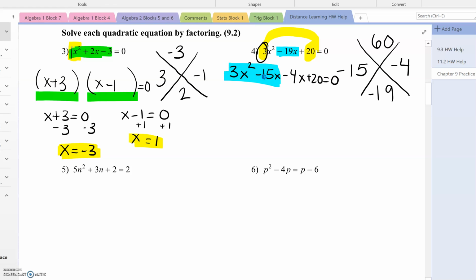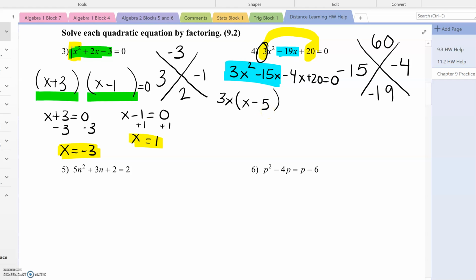I'm going to look at these first two terms here. What is the greatest common factor of 3x squared and negative 15x? 3x, right? That's what they both have in common. What's left if I factor out a 3x? Just an x minus a 5.